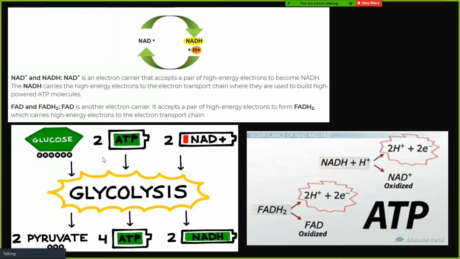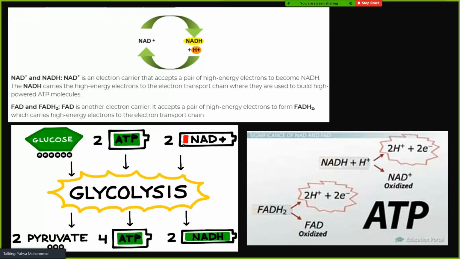In some of the steps, we're going to talk about where this happens more specifically later on, just to understand the idea right now. So you see over here at the top you have this empty battery. It says NAD+. Now, if you add electrons to it, it becomes a charged battery, NADH, down here.